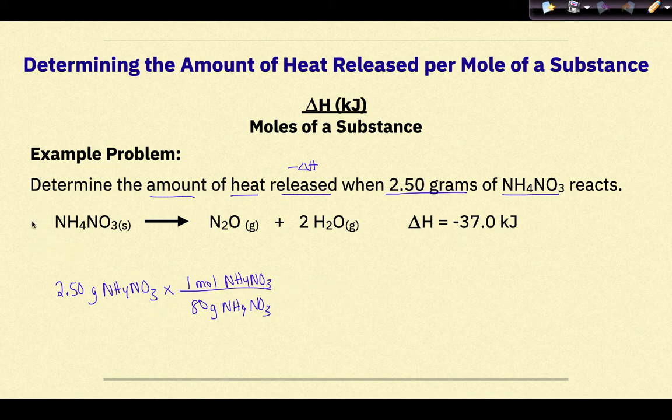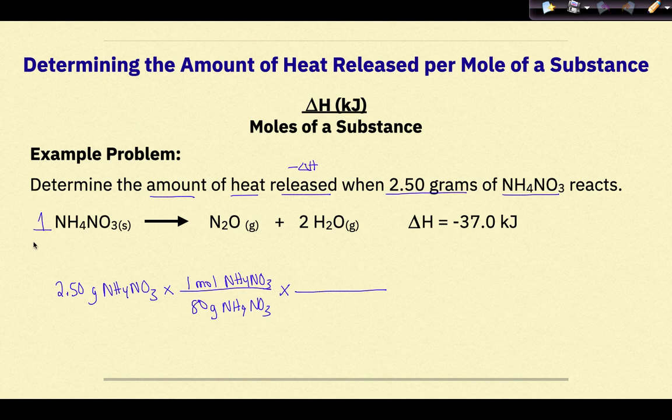And I know that there is an assumed 1 in front of this NH4NO3 reactant. So that means for every 1 mole of ammonium nitrate that decomposes, I am going to release 37 kilojoules. So I'm going to put another multiplication sign and a line. Whatever I start with goes on the bottom.